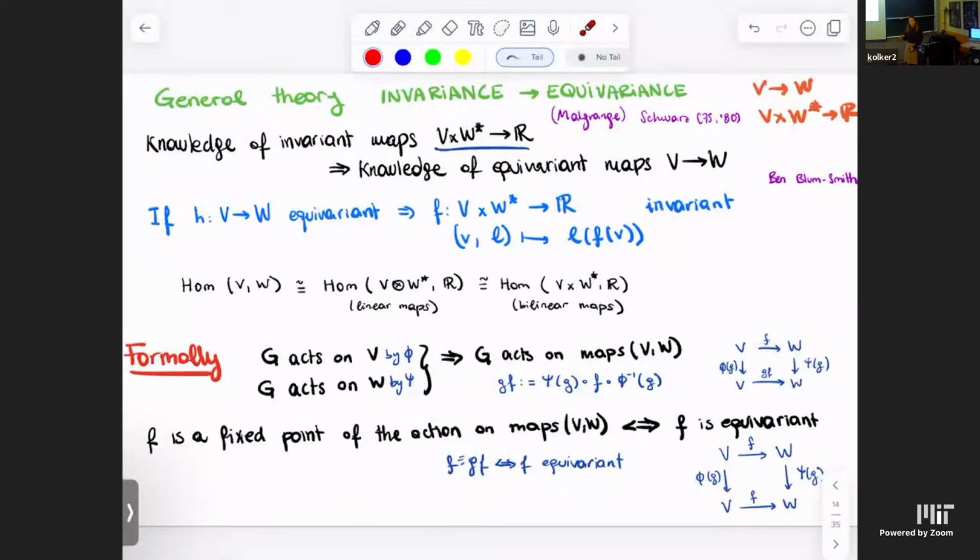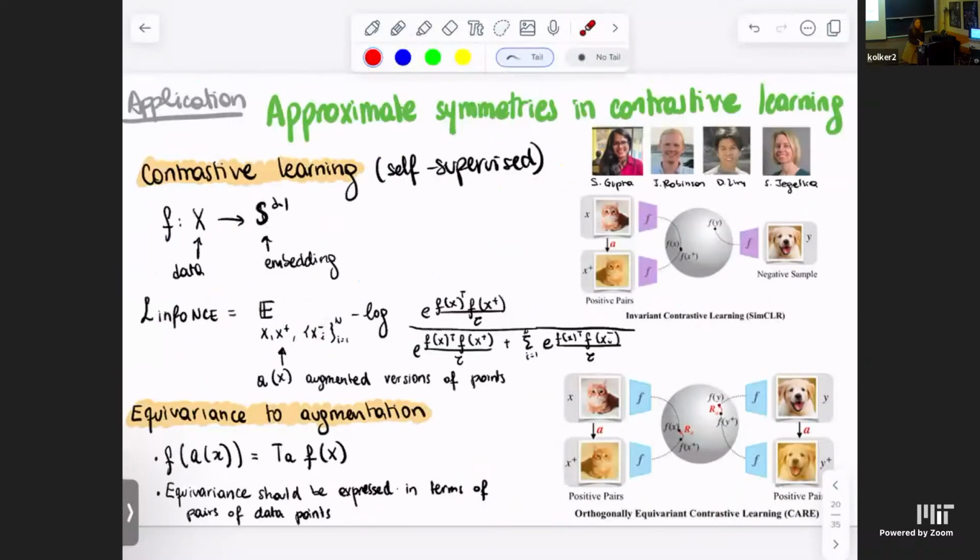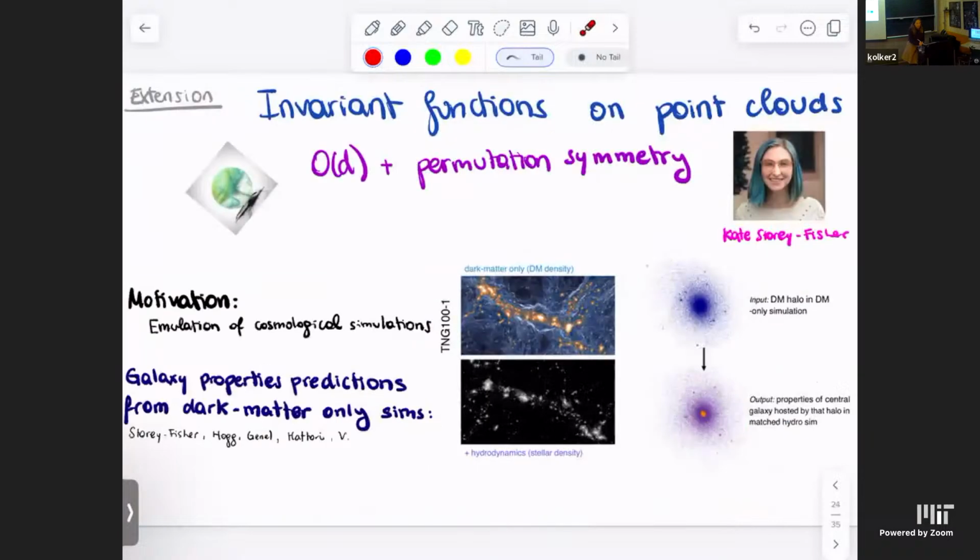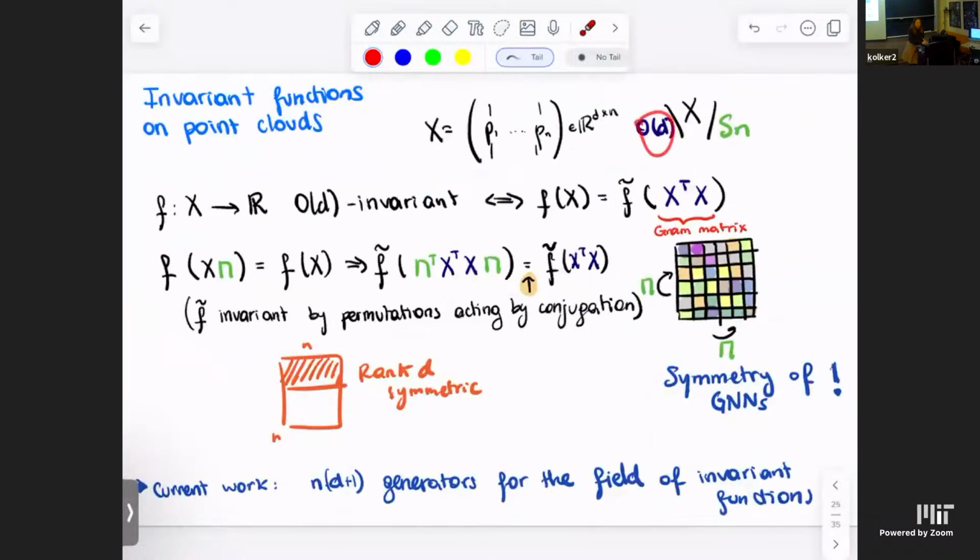But in other cases, if you have a very complicated group, even not that complicated, like the group we were considering here, which is a semi-direct product of O(d) and S_n, we can construct generators for the field of invariant functions, but we don't know what the algebra generators look like. And actually, the algebra generators would probably require an exponential size, right? Because graph isomorphism, we probably don't expect that.